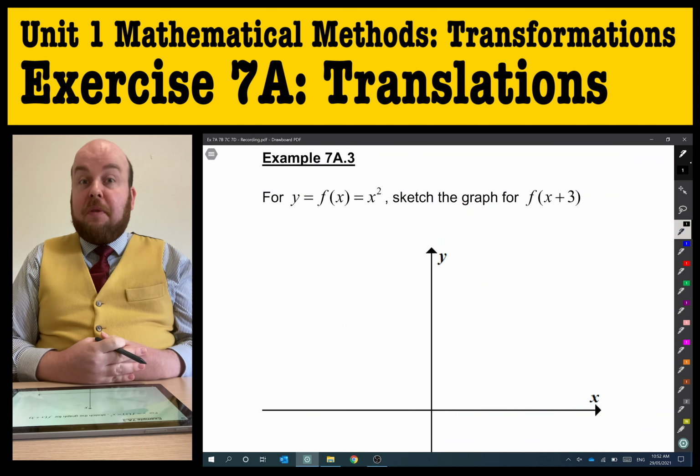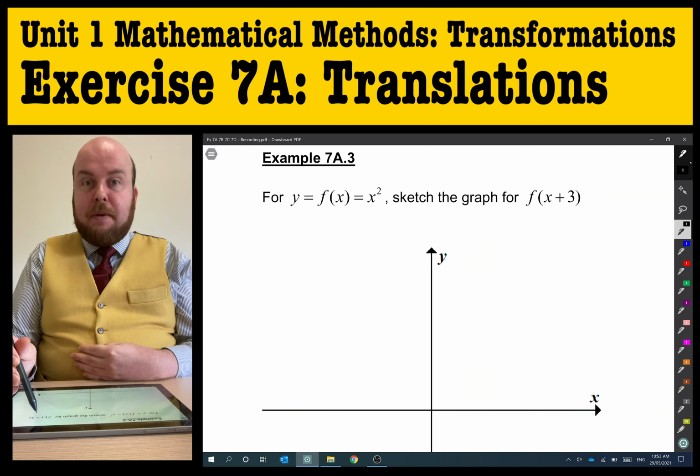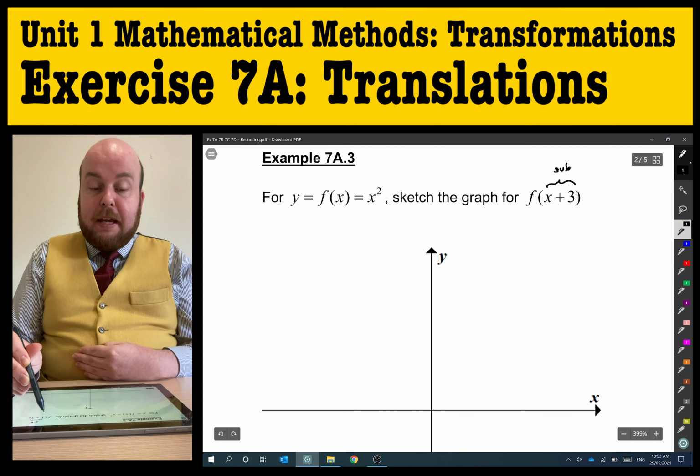Example 7a.3. For y equals f of x equals x squared, sketch the graph for f of x plus 3. This is even easier than before because all you need to do, if you remember from your function notation, is whatever's inside these brackets, whatever's inside this f here, we just substitute. So this will become y equals x plus 3 squared.